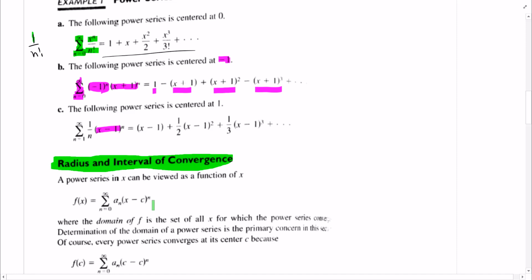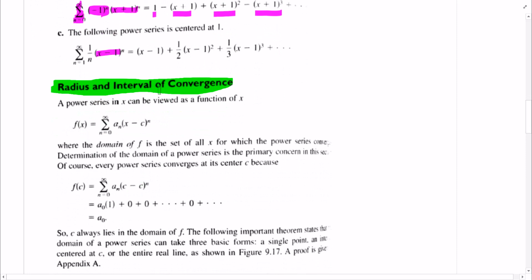If we're dealing with a power series, then we're going to be dealing with a radius and interval of convergence, meaning it's going to depend on what x values we use, right? So first thing to think about is, because this is an infinite series that goes on forever, it can give us the exact value for a function of x. So we can actually write f of x equals some power series like this, right?